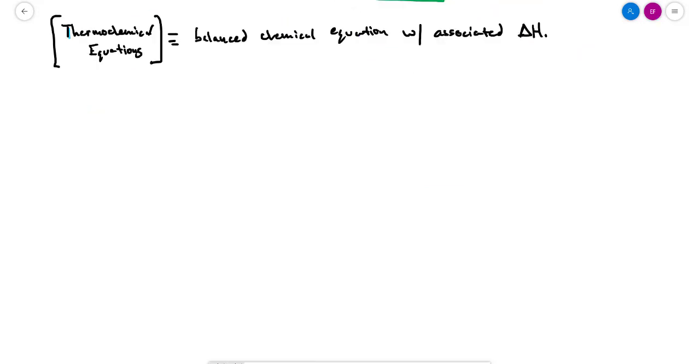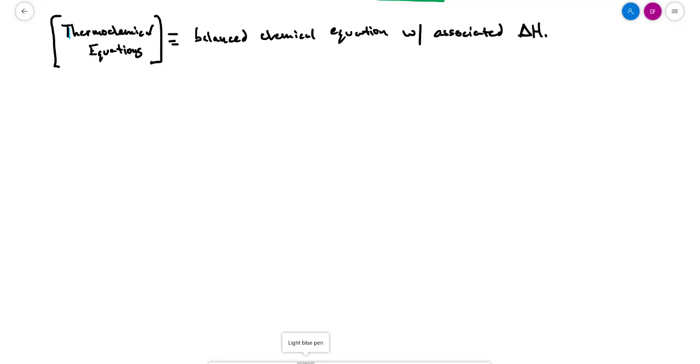Okay, so let's bring these ideas together. How do we actually account for the energy change for a chemical reaction, the direction of energy, how it's flowing, where it's flowing, etc.? Well, we need that tool that we call the change in enthalpy, because that accounts for the actual energy change due to bond breaking and forming, but it also accounts for that PV work. So the place we start is to write out a thermochemical equation, which is exactly what you've done before.